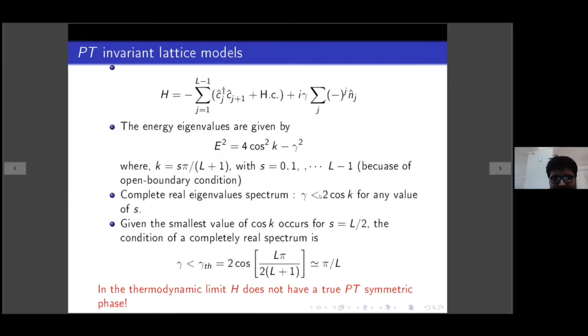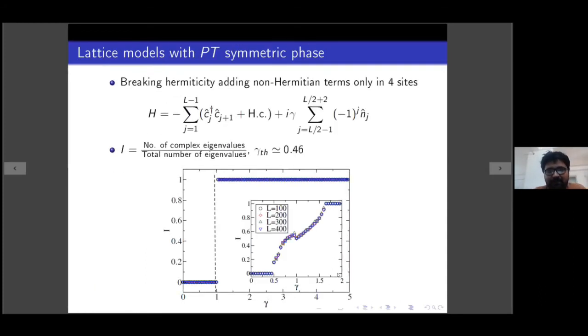That is precisely true, and that's why I started with this, because that was my first motivation. I wanted to put a chemical potential on each site, and if you do a crude calculation, you can convince yourself that this gamma threshold scales as pi by L. You see. Right. But as long as you have just a finite number of sites which have chemical potential, you will always have a PT symmetric phase. Is that my guess?